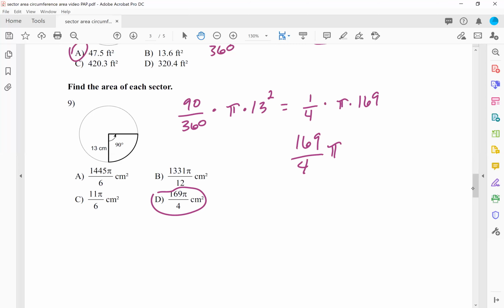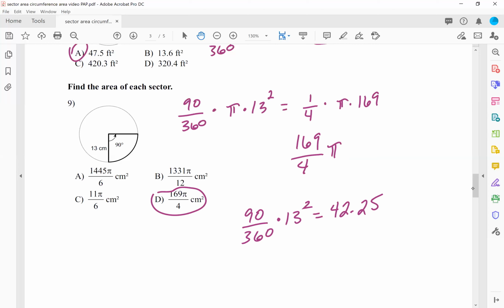But let's say that you weren't sure how to get this. What you can do is 90 divided by 360 times 13 squared. Just type this in the calculator. And I get 42.25.